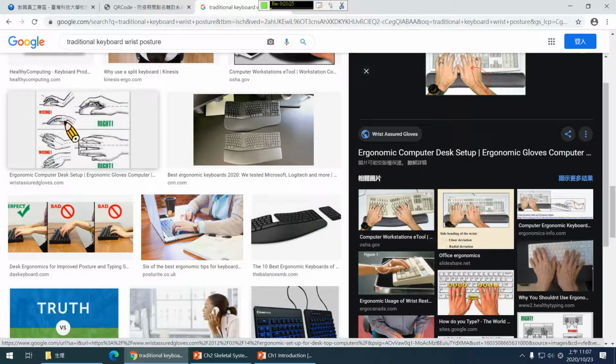This is also wrong, okay, because you are sitting too low on a very high desk. So you have to use your mouse this way. And you have a large flexion.